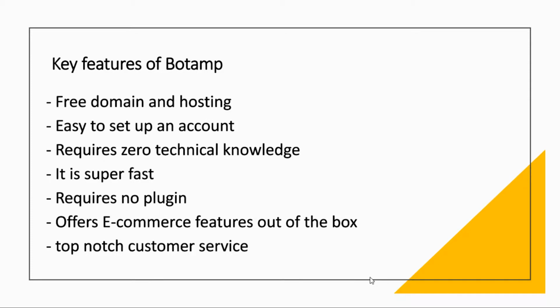I have highlighted key features of Botamp that I've used, that I've observed. One of them is free domain and hosting. Botamp offers domain and hosting out of the box. Domain name is your name as it appears on the internet. Botamp.com, google.com, facebook.com, twitter.com, those are all domain names.